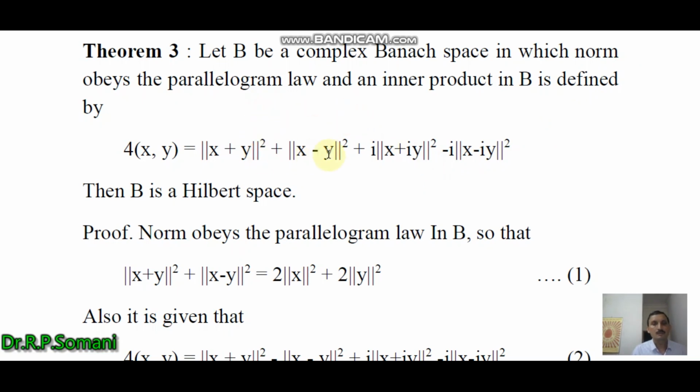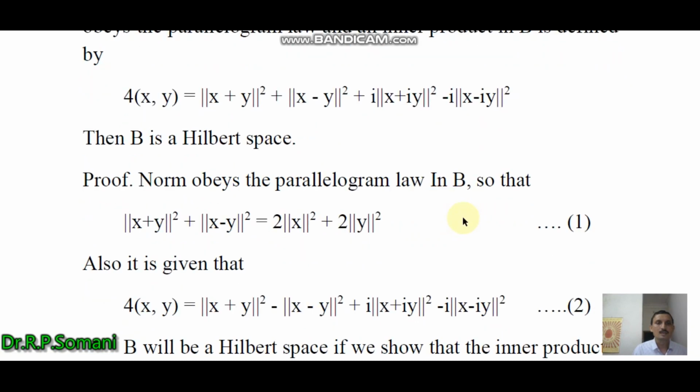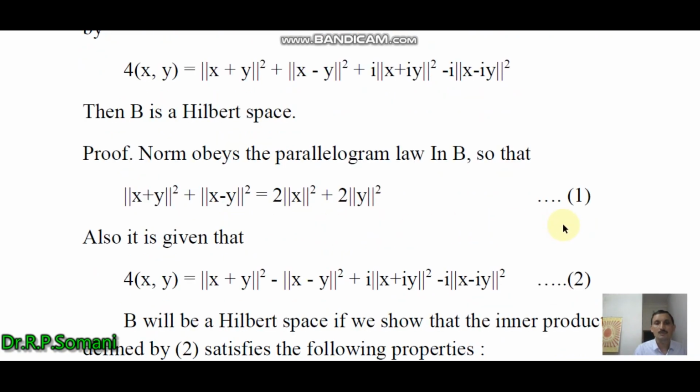We consider the given result that the norm obeys the parallelogram law in B, so that norm x plus y squared plus norm x minus y squared equals twice norm x squared plus twice norm y squared, and this we denote as equation number 1.